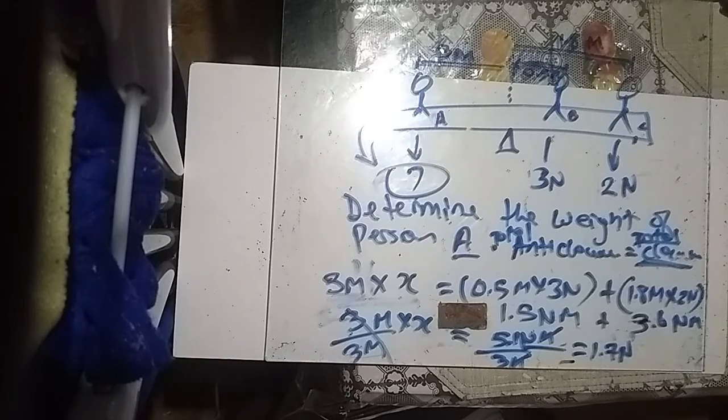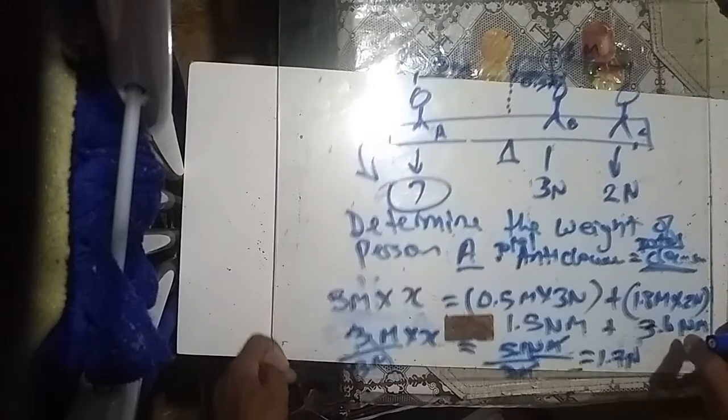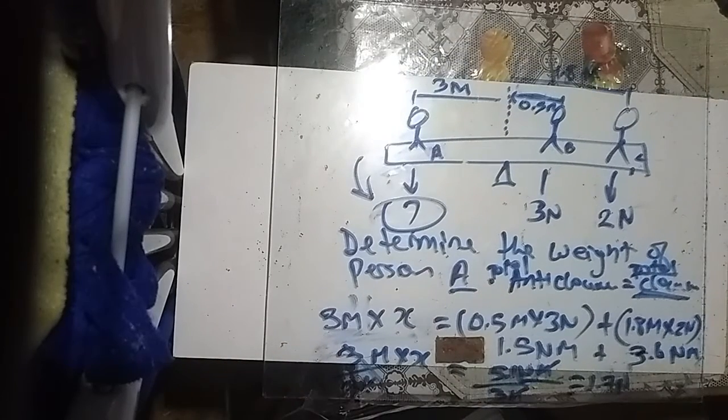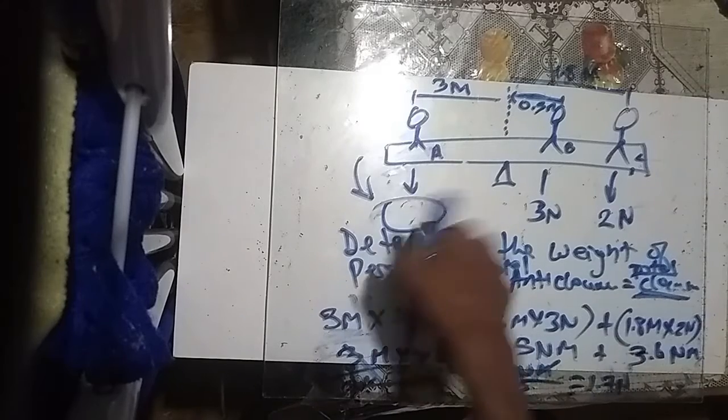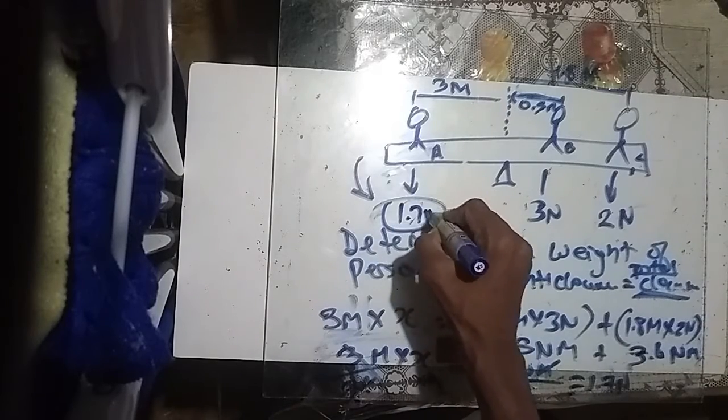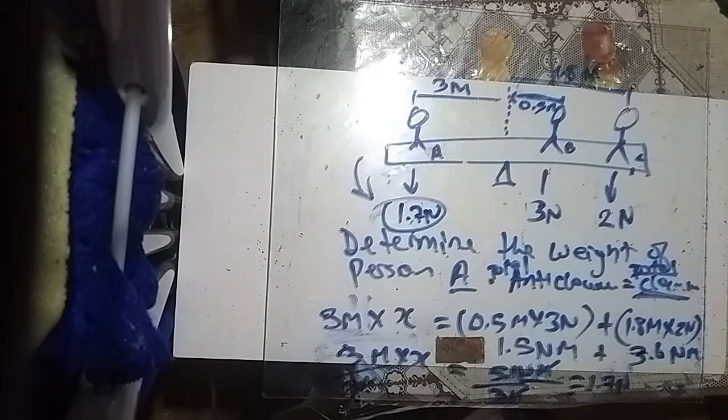So when you know how to set up a problem, when you have, guys, 3 different weights, 2 different weights on one side, whatever you have, you can work with it. Now, therefore, this thing right here would be 1.7 Newton. Okay? So that would be person A's weight.